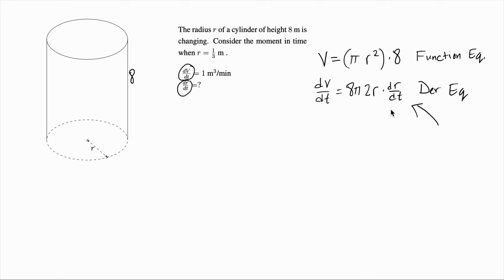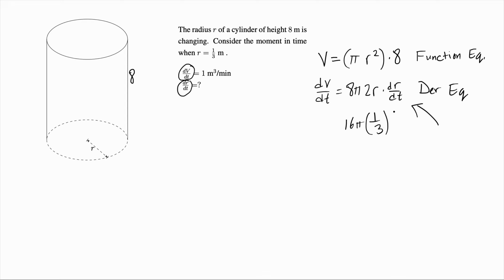Now we're looking at a particular instant moment in time. This is the time to plug in. So at this particular moment when r is 1/3, we did not plug in 1/3 before we took a derivative. That would have been bad. This side would have been a constant. It wouldn't have worked. Okay, so 1/3, and this is 16 pi times 1/3 dr/dt.